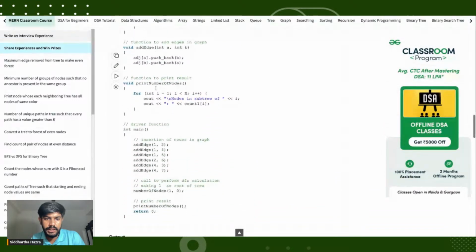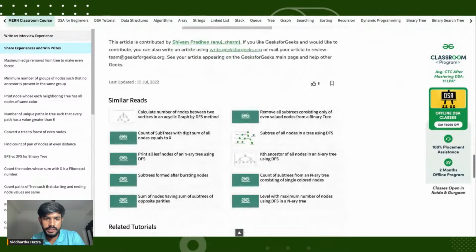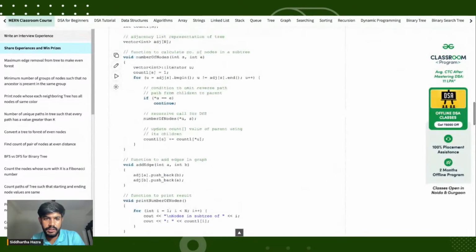Add an edge, output and illustrations. Yep, recursive call for this. See, here we are adding the value. Like the very same thing, just a small bit of addition in that. Okay, so not able to understand the code.